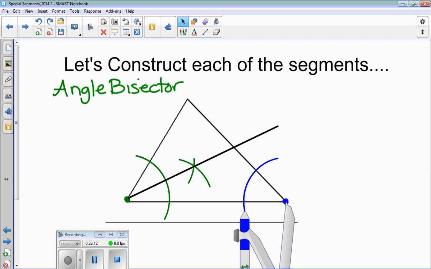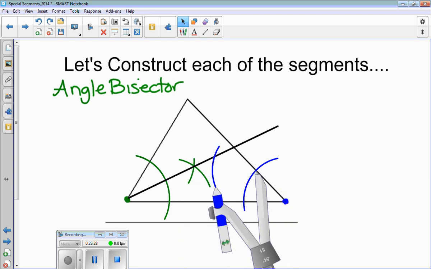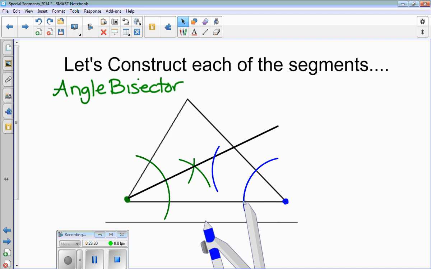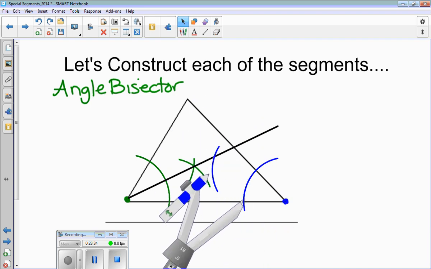Sometimes it's easier to move the paper than it is to move your compass, so think about those options. So flat surface, moving your paper, and then I'm going to do the same thing I just did. I'm going to move my compass out to the new point, make an arc, to the other new point. I have to rotate this guy first. The other new point I just made, make an arc, and then I'm going to connect the two.